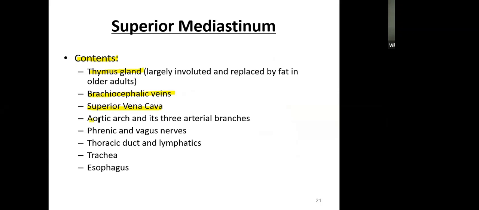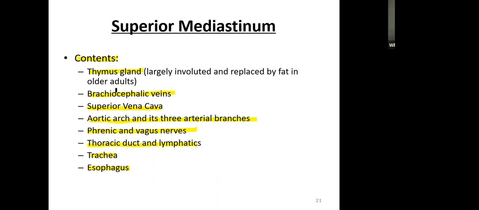We have the aortic arch and its 3 arterial branches, which we need to know. We have the phrenic and the vagus nerves, the thoracic duct and the lymphatics, the trachea, and the esophagus. So these are all of the structures that we need to know within the superior mediastinum.